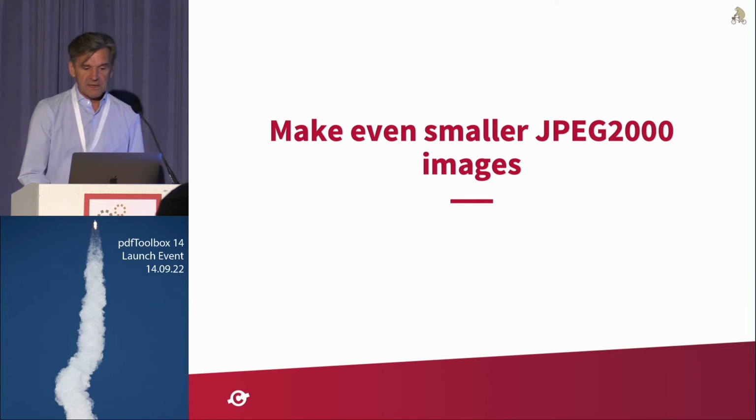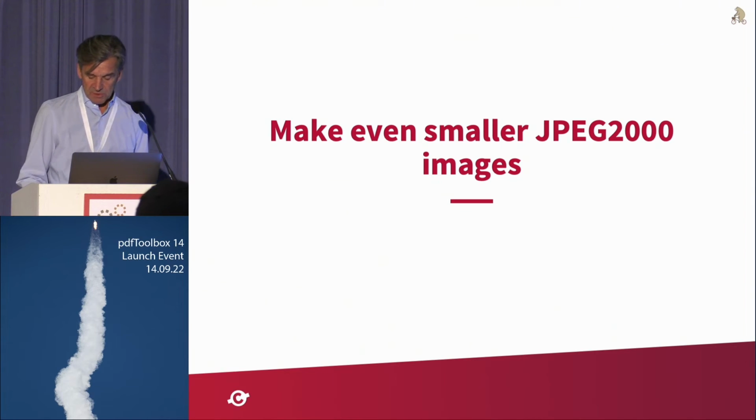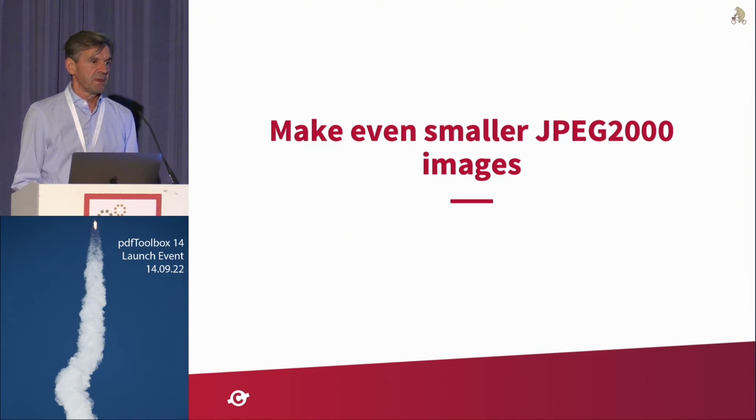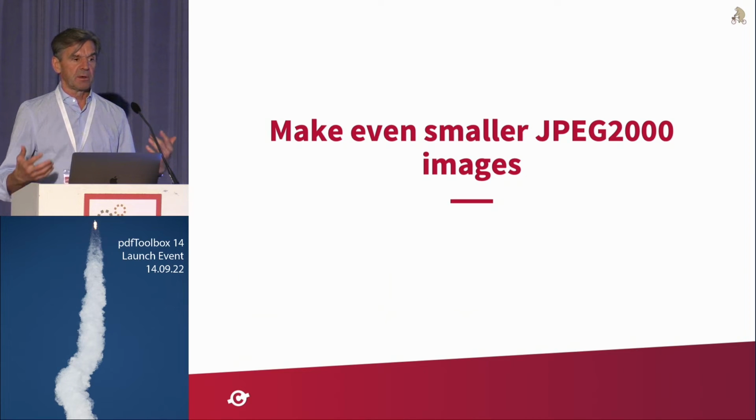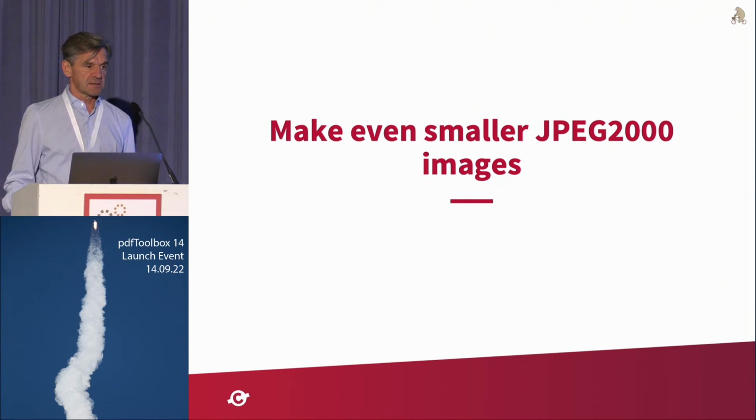That's still me. Make even smaller JPEG 2000 images. It's possible with pdfToolbox 13 to convert all images in a PDF file to JPEG 2000. And JPEG 2000 is a much more powerful compression algorithm, so the quality is better and the file size is smaller.